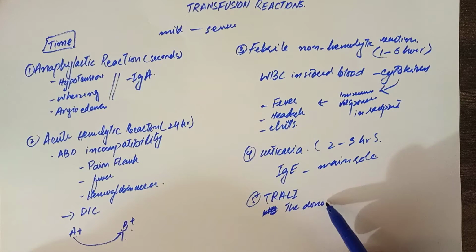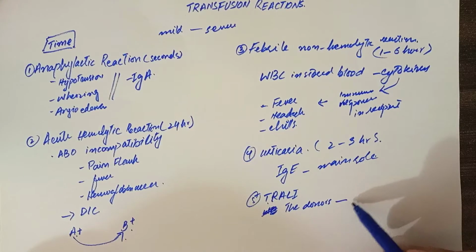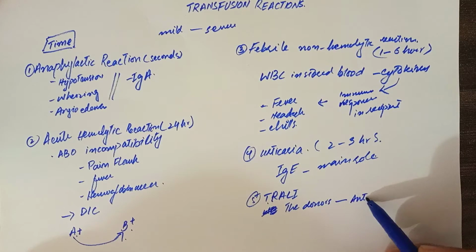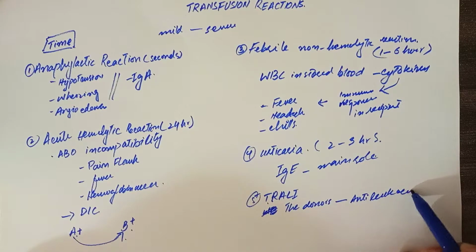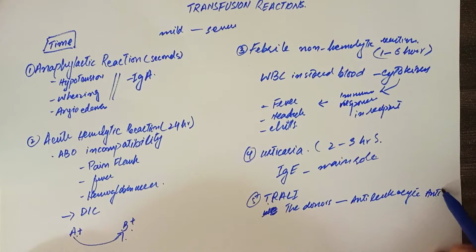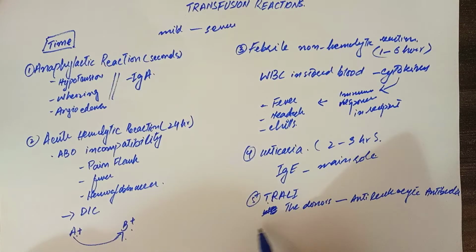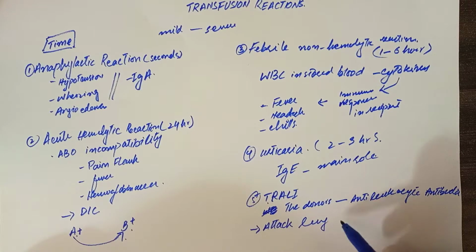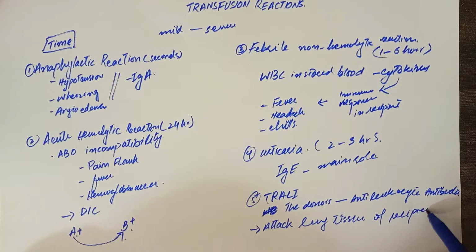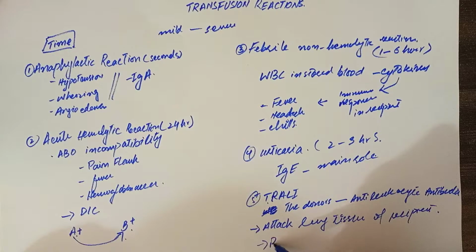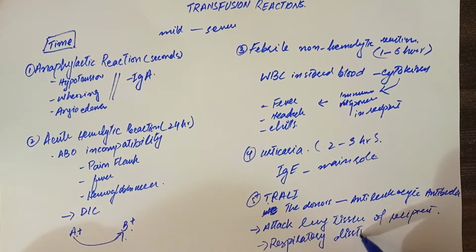The donor's blood contains anti-leukocyte antibodies, and these anti-leukocyte antibodies attack lung tissue of the recipient, causing acute lung injury, and the patient presents with respiratory distress and pulmonary edema.